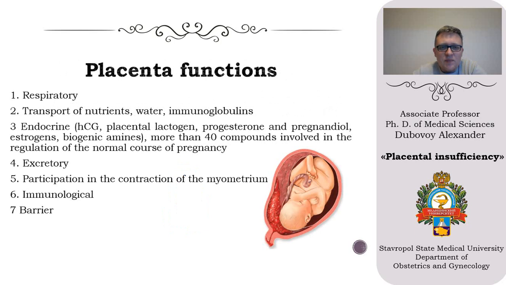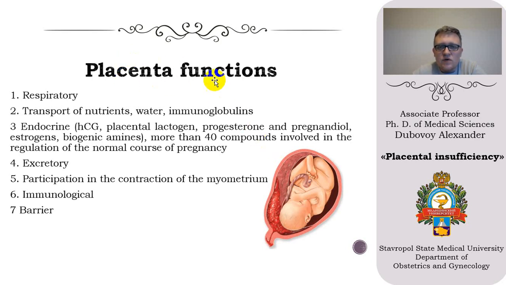First, let's remember the functions of the placenta. We talk about the placenta already in the first or second year of university, when in histology we disassemble the embryonic period of the placenta and talk about more than 10 main functions of the placenta.